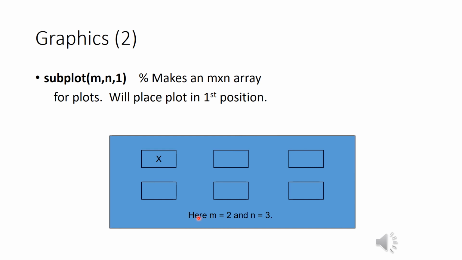Then we have these subplot positions: in a 2 cross 3 manner we have 6 subplots in the same figure, and for the actual plot in the m cross n array, the plot will be shown in the first position, which is marked as x.